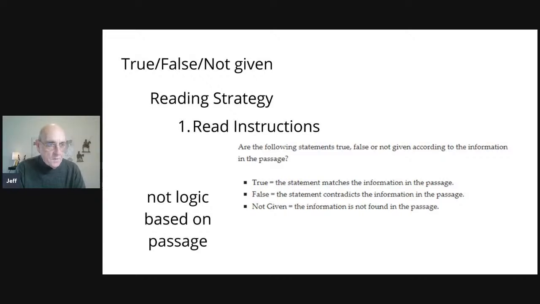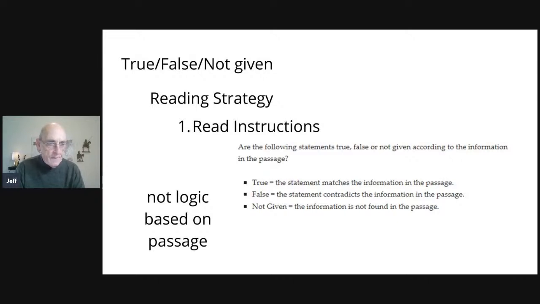I can tell you from experience, talking to lots of test takers and seeing how they do on the test, even though it seems like a simple thing, do not overlook the importance of reading the instructions and taking the time to underline them and mark them and make sure that you've read them.